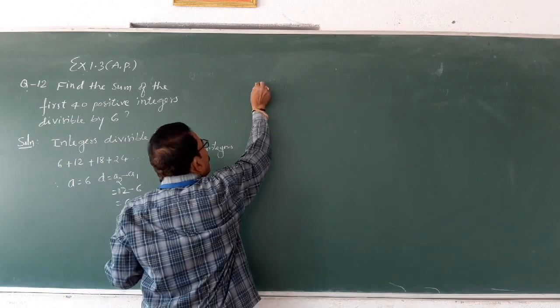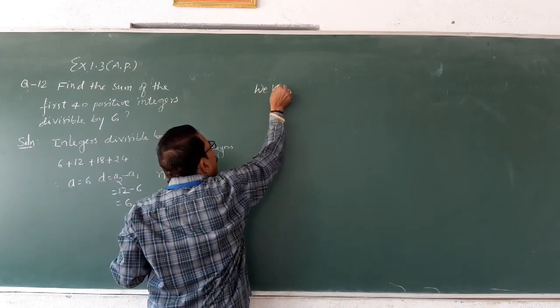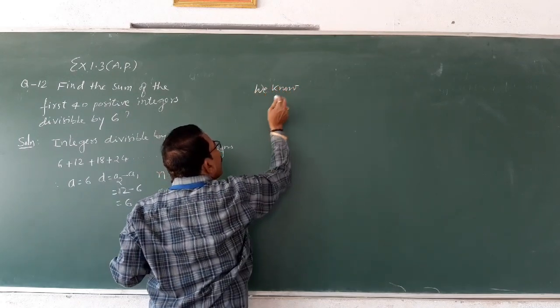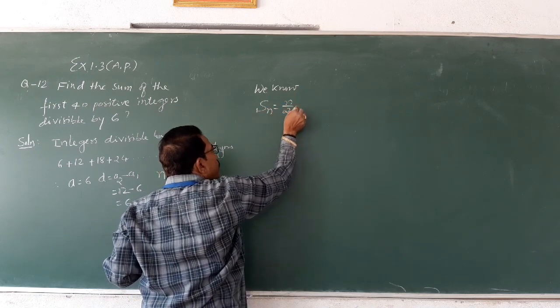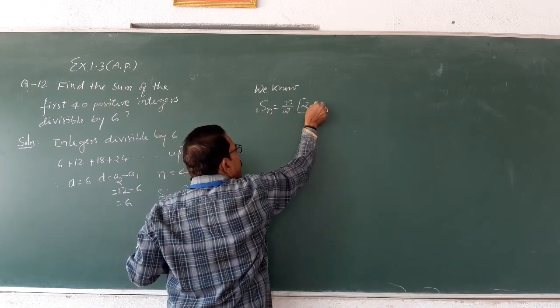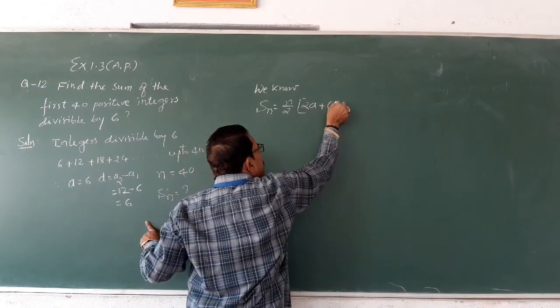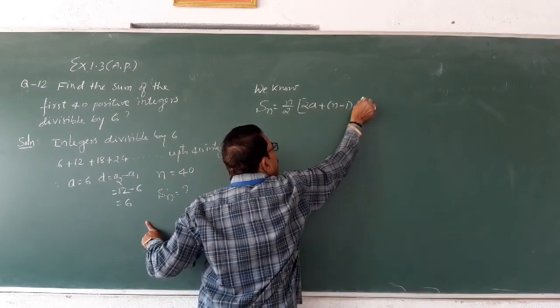We know Sn equals n by 2 in the big bracket 2a plus n minus 1 into d.